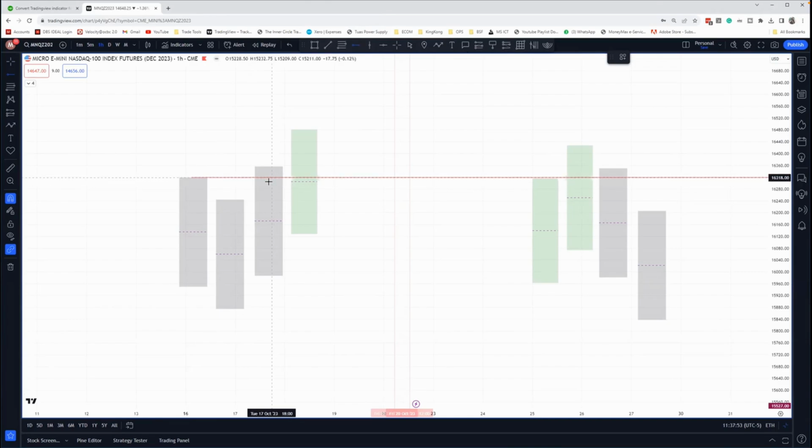Nothing here. Once this is taken by an up candle, then we look for longs. Is that the correct interpretation? Yeah, that's a logical interpretation.